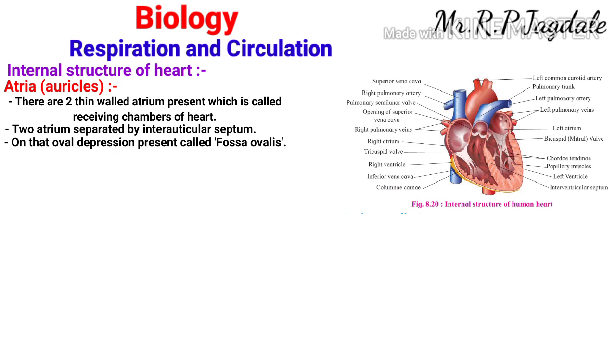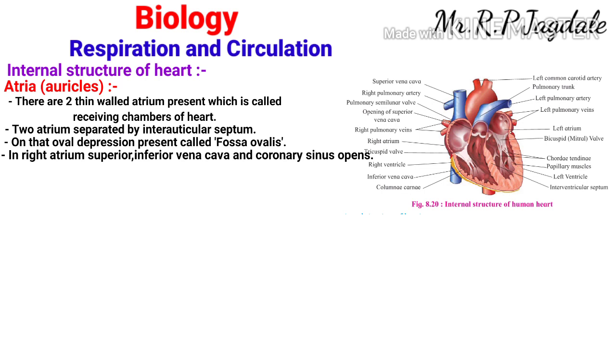Again, in the atria, the superior vena cava, inferior vena cava and coronary sinus open into the right atrium. Remember that in the right atrium, what is going to open? Superior vena cava, inferior vena cava and coronary sinus.